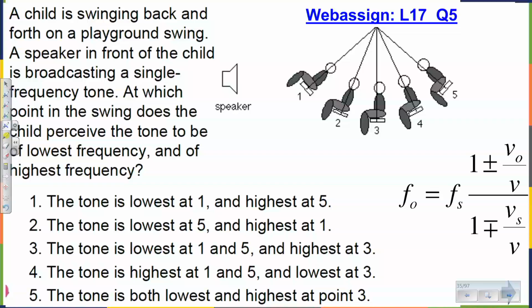The highest and the lowest pitch should be where it travels as fast as possible, the highest speed. But where is the speed highest for the ball on a string? So it stops there, and on its way down, it always speeds up. So the lowest and the highest pitch will be heard when the boy travels through the equilibrium. That's it.